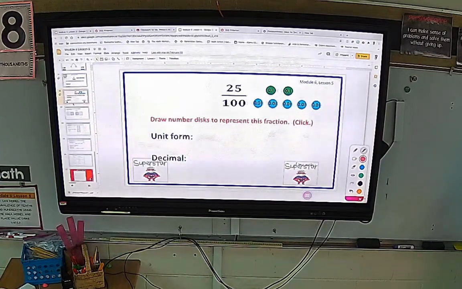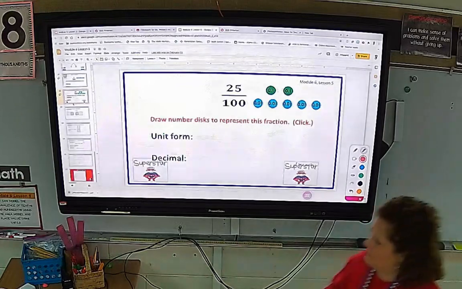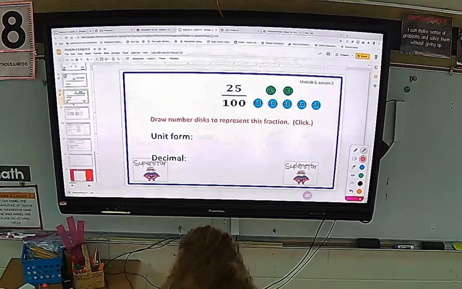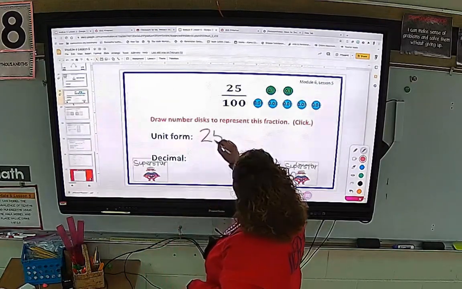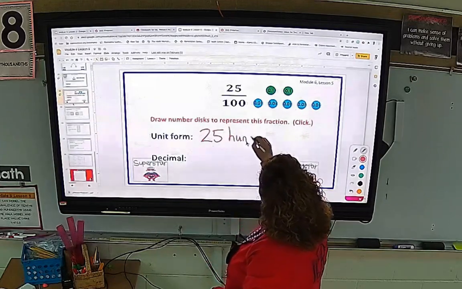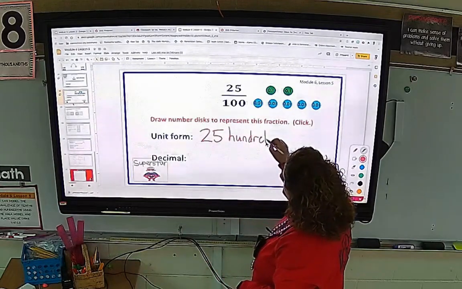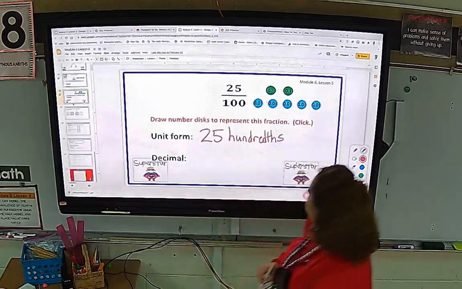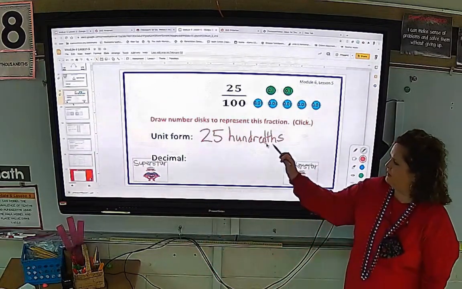All right, some of you are showing me a number that's like humongous because you're writing this word right here. Hundreds and hundredths. Totally different. Okay. So what you needed was 25 hundredths. Okay, need that ending right there.